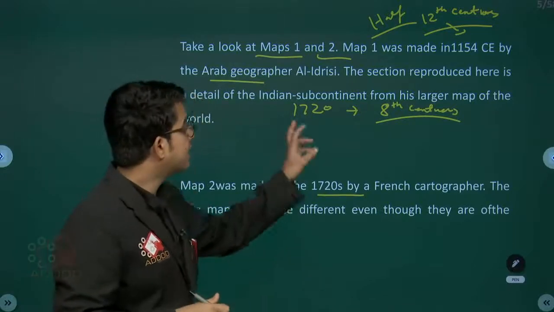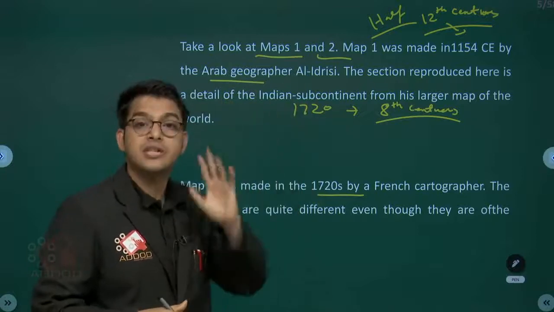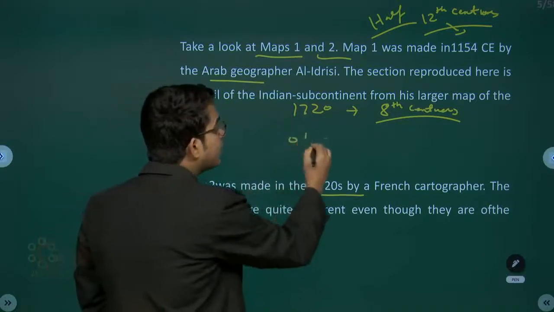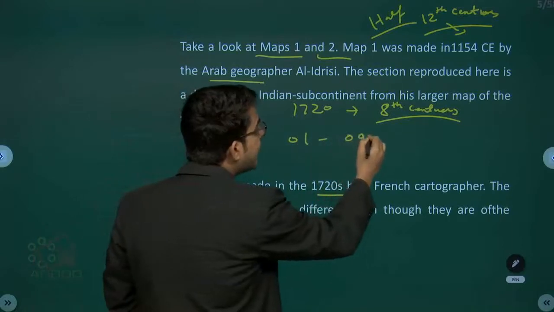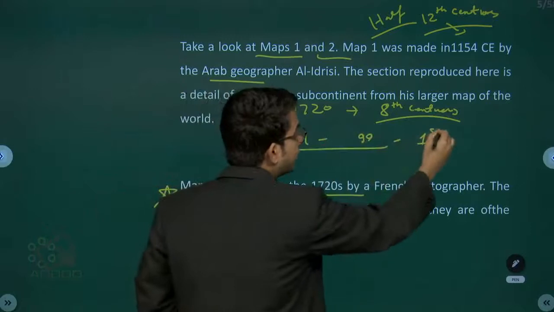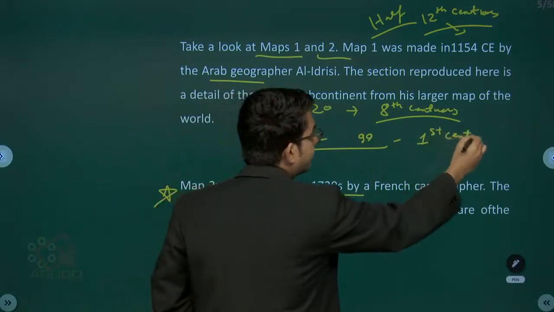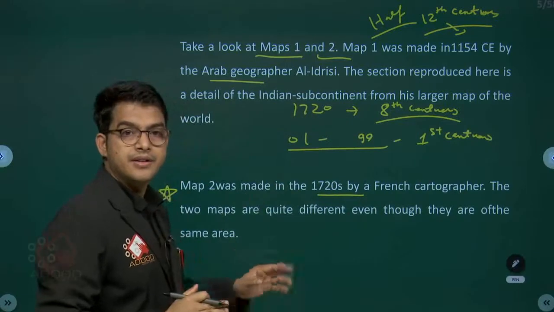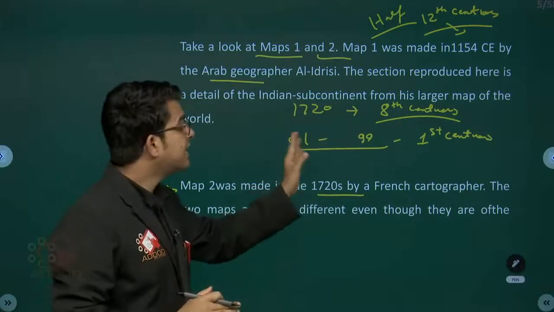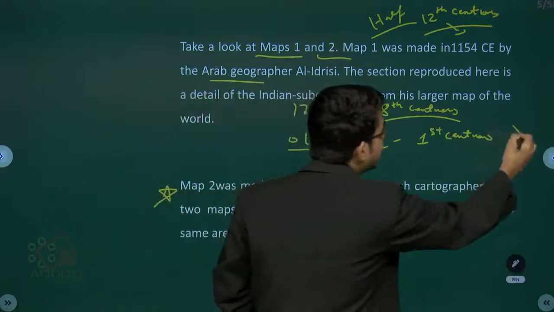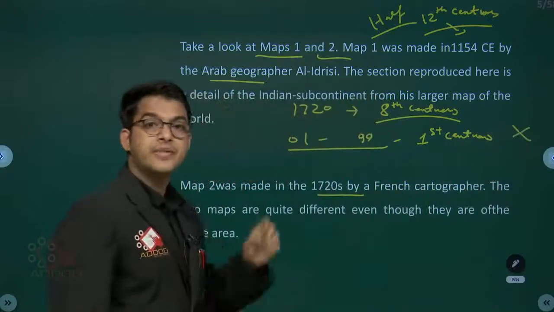Sometimes we just understand that 1720 means 17th century. Sometimes we understand that 01 to 99 is the first century, but this is wrong.